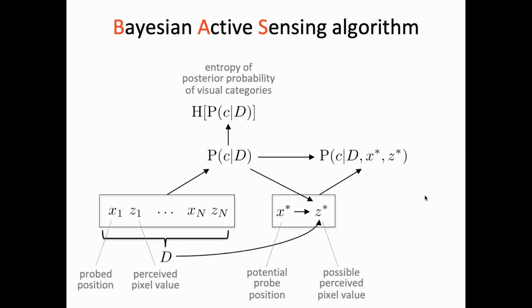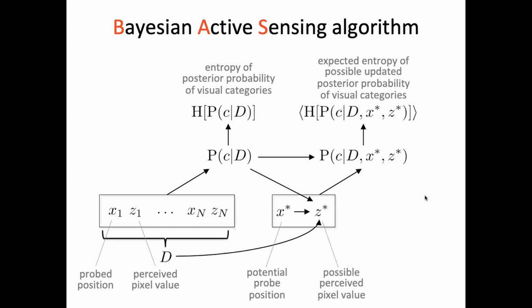We work with the entropy of the posteriors. The H denotes the entropy and corresponds to uncertainty. So if you are certain about the category, the entropy of the posterior will be low. And if you are uncertain, the entropy will be high. We compute the entropy of the category posterior before the update and after the update.